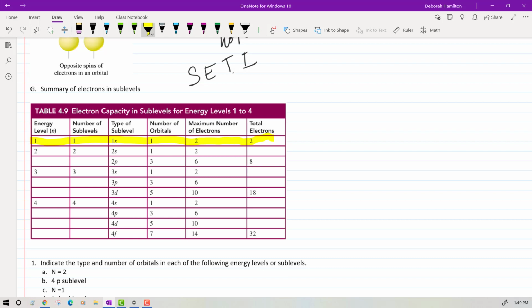When you hear that n is 1, you can only have 1 sublevel, which is nice. 2 means 2 sublevels, 3 means 3 sublevels, and so on. And then it tells you how many sublevels there are, as well as the order in which electrons reside. The 1s sublevel has 1 orbital, 2 electrons. And 2 total electrons for the main level. So that's what this last column is, total electrons for the main level.